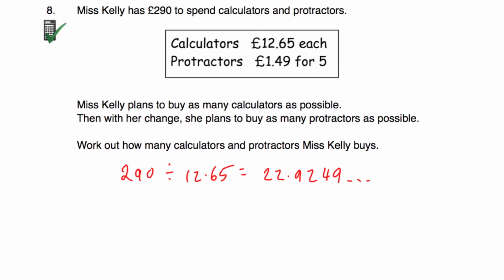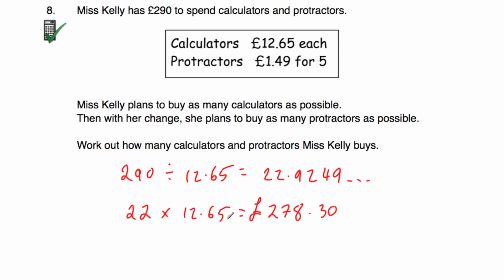Now, she buys 22 calculators and then with her change she buys as many protractors as possible, so we need to find her change. So let's find the cost of the 22 calculators. 22 multiplied by £12.65 is equal to £278.30.